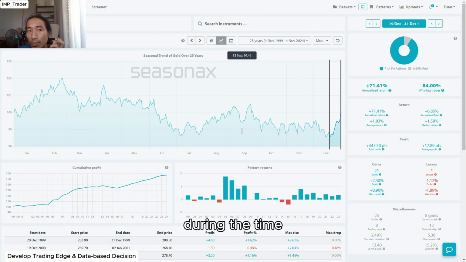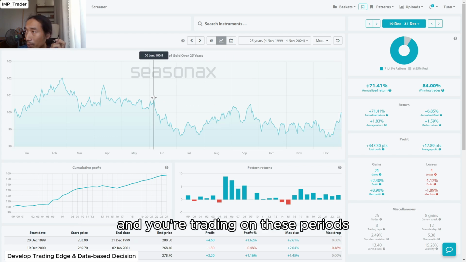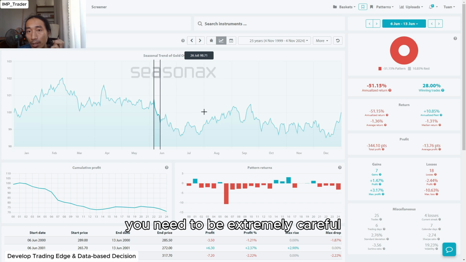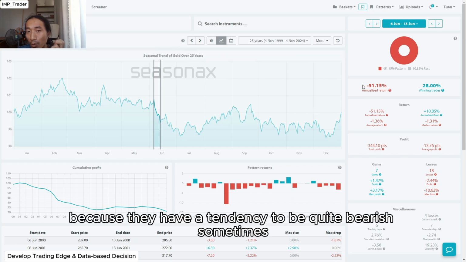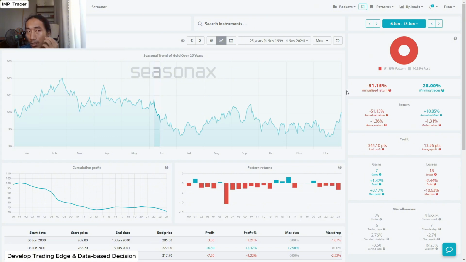During the time, it is quite interesting that if you're day trading during these periods, you need to be extremely careful because they have a tendency to be quite bearish. Sometimes we don't know exactly the reason behind it, but we know that the stats are quite bearish.